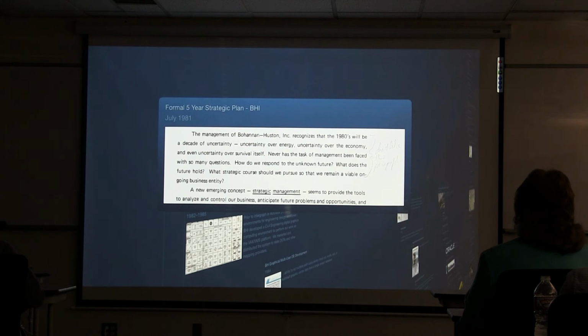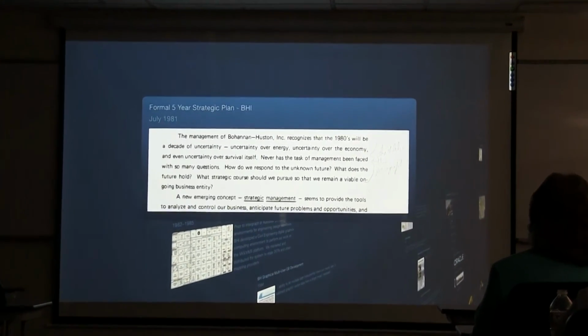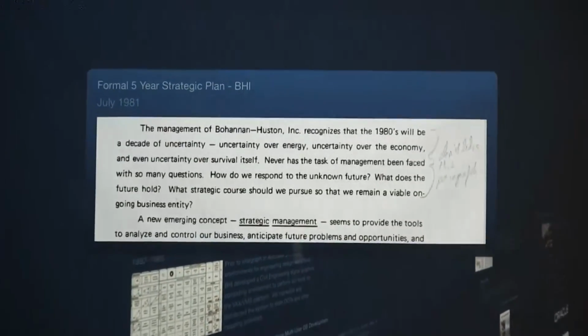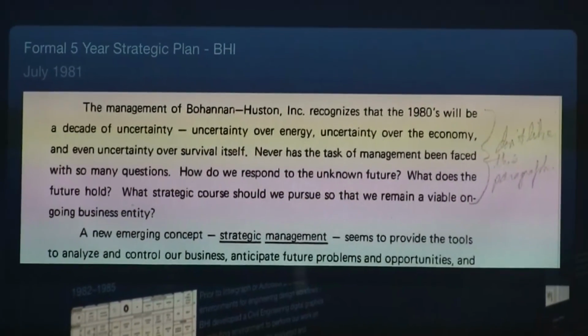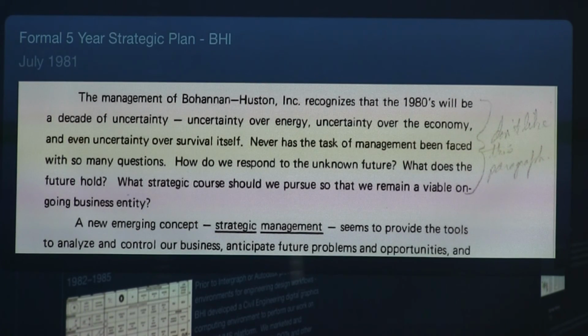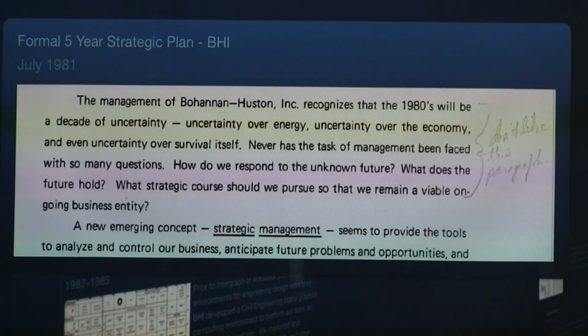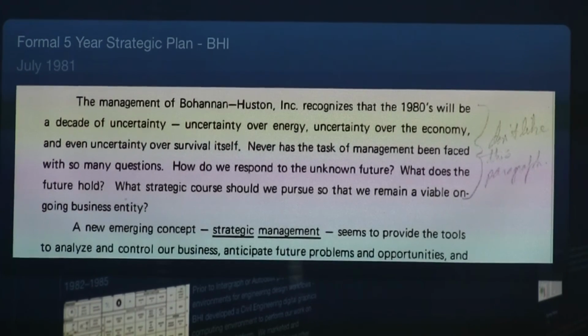This is a piece of a document that Larry had given me on a strategic plan back in 1981. What I thought was really interesting, if you read this, is that in 1981 we had very similar uncertainties to our world today. Even back then, energy and the economy were a big thing, and we were looking for a way to manage, and we came up with this strategic management concept, which, guess what, we use today.